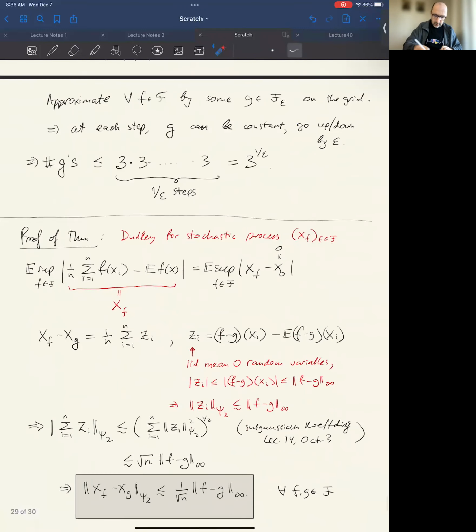Let's see. So we know that f minus g of xi is always between -1 and 1. Okay, let me do it this way. I should have been more careful here. So we know a bound on this thing.